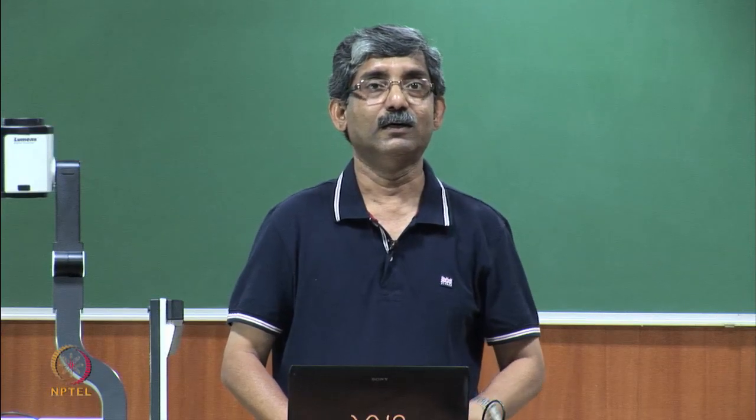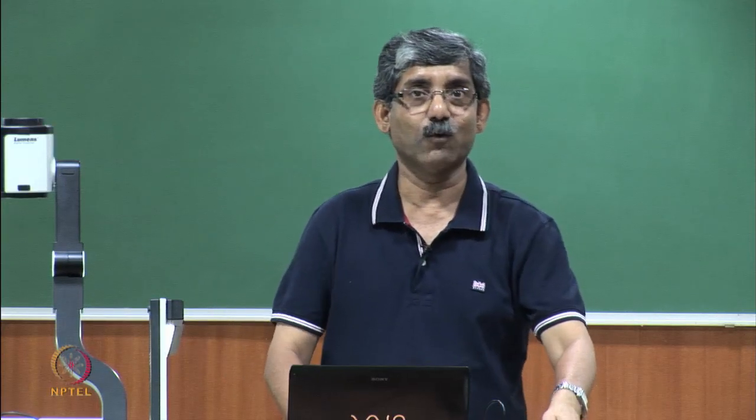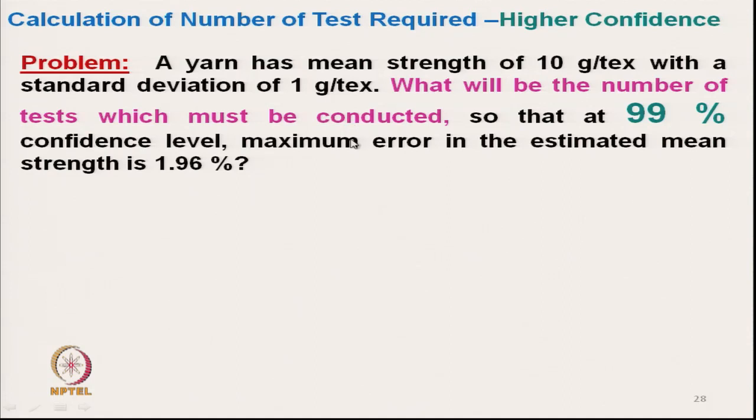Yarn has mean strength 10 gram per tex with a standard deviation of 1 gram per tex. What will be the number of tests which must be conducted so that at 99% confidence level, the maximum error in the estimated mean is 1.96%?